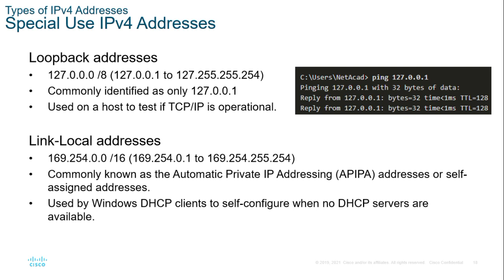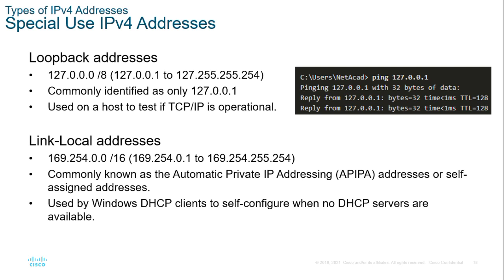Link local addresses have a range of 169.254.0.0/16, 169.254.0.1 to 169.254.255.254, commonly known as Automatic Private IP Addressing, or APIPA, addresses, or self-assigned addresses. They are used by Windows DHCP clients to self-configure when no DHCP servers are available.